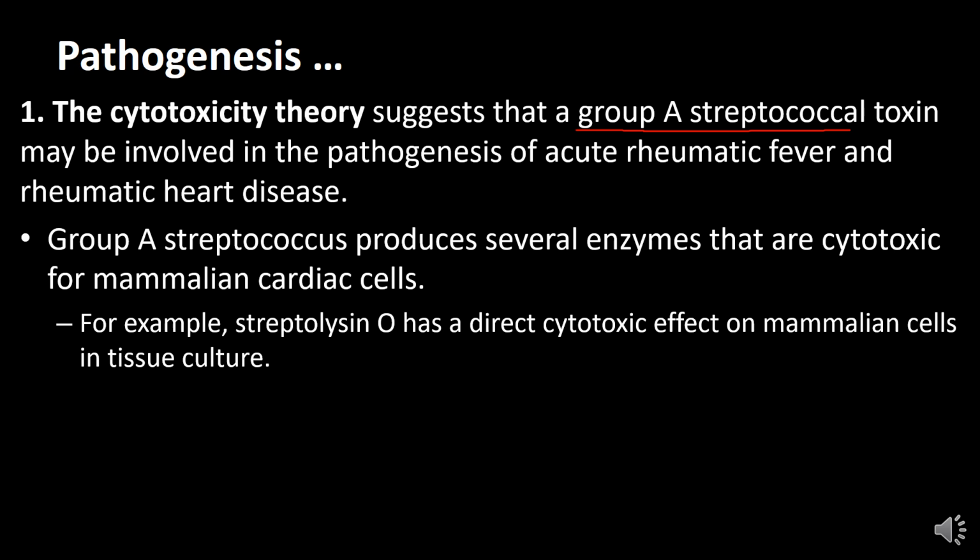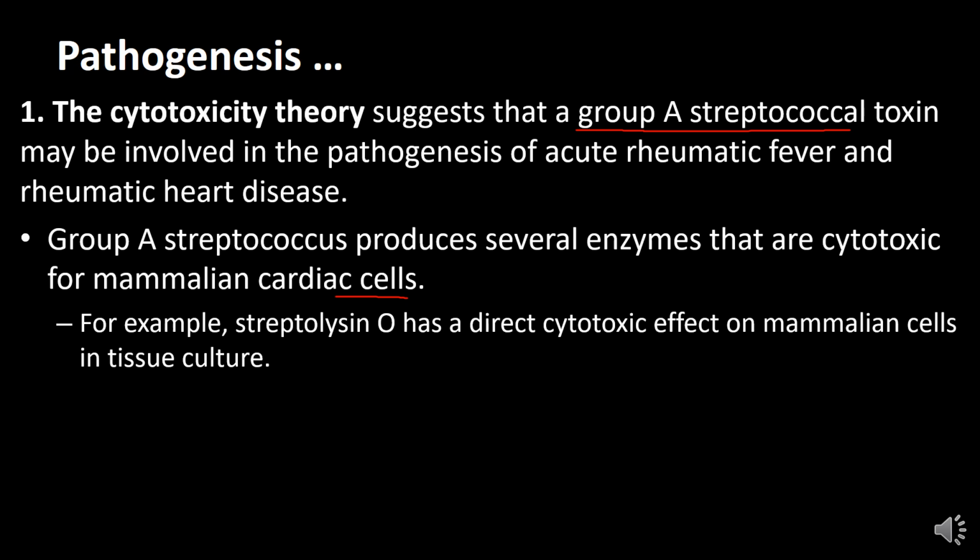Okay? So a group A streptococcus produces several enzymes that are cytotoxic to mammalian cardiac cells. This has been shown to be the case in vitro. And an example is given of streptolysin O, which has a direct cytotoxic effect on the heart muscle. This has been demonstrated in tissue cultures.